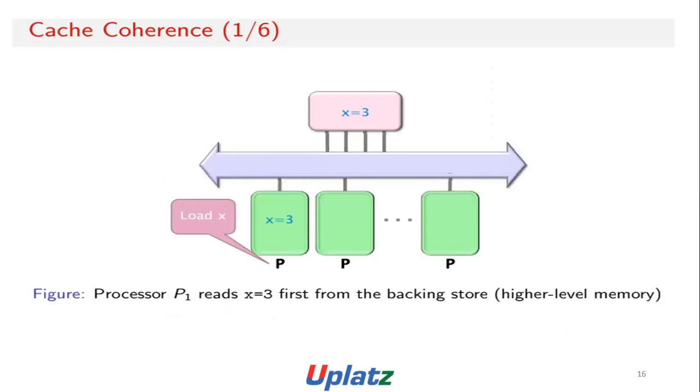Cache coherence: here, processor P1 reads X equal to the first value from the backing store, high-level memory.